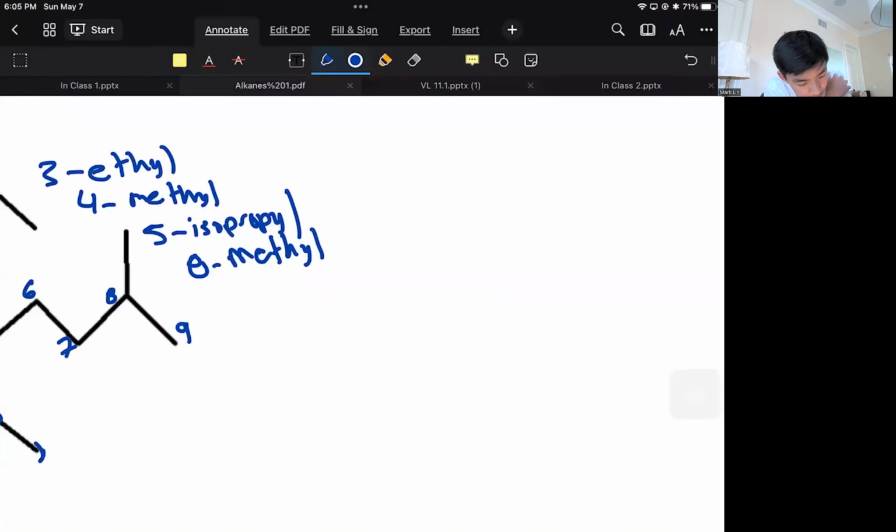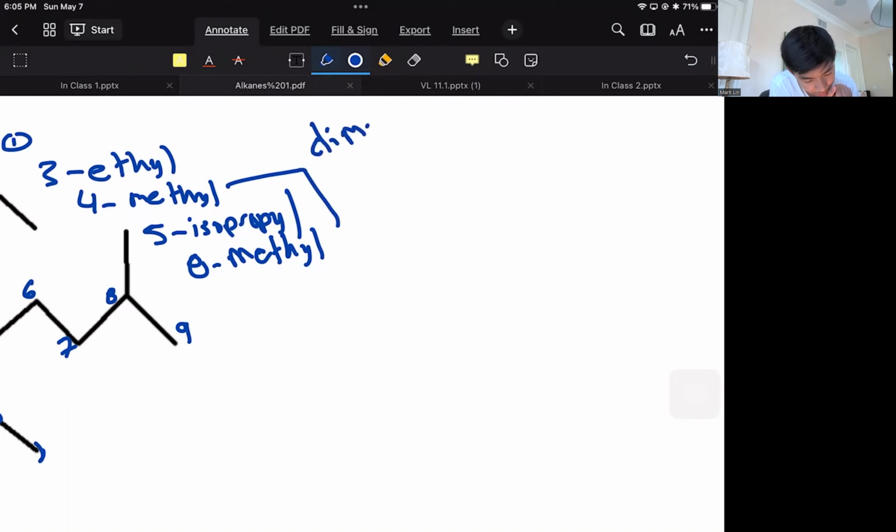So let's name this out. When there's this many of them, we want to do it in alphabetical order. So E comes first. There are two methyls here, so it's going to be a dimethyl.